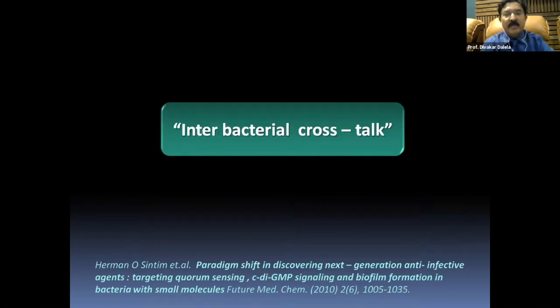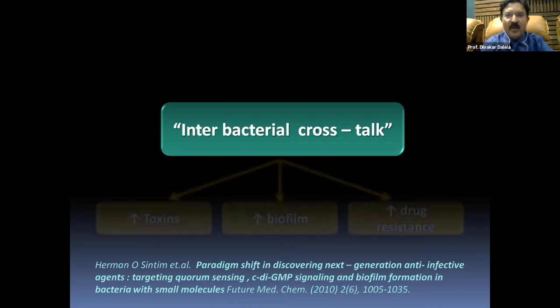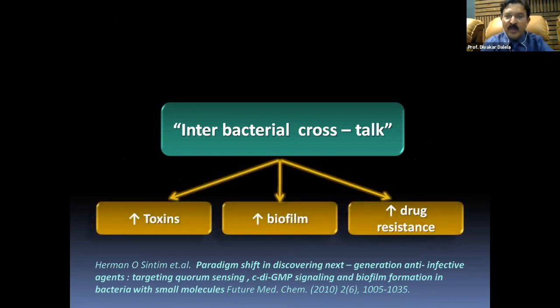What I have been talking about is what's called interbacterial crosstalk. In a classroom, when you have children sitting and they want to create mischief, they need to talk to each other and plan, right? In a similar manner, when many bacteria enter inside your urinary bladder, they crosstalk. And when they talk, they are able to produce more toxins.